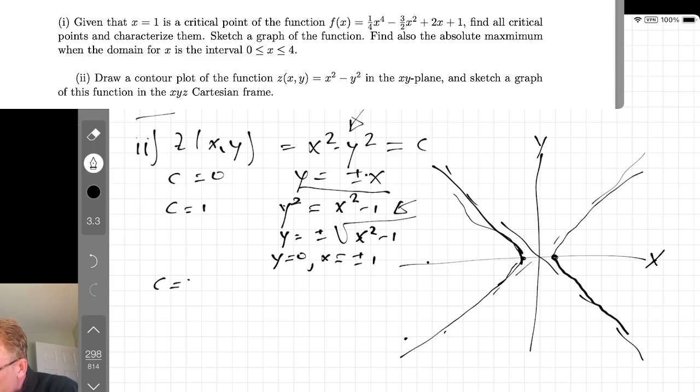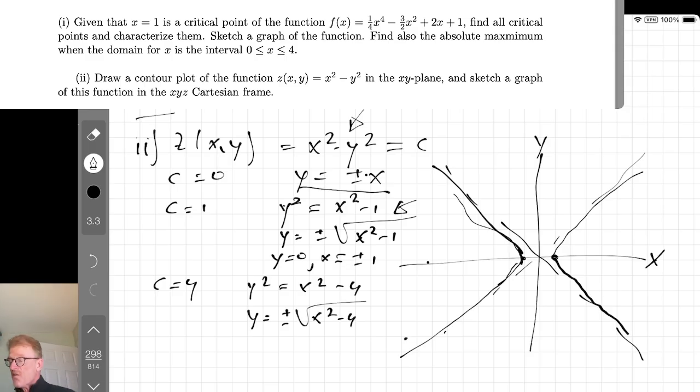So for C is 4, I get y squared is x squared minus 4. So y is plus or minus the square root of x squared minus 4. And I choose C as 4 because now if y is 0, x is plus or minus 2. So I'm going to choose a different color.